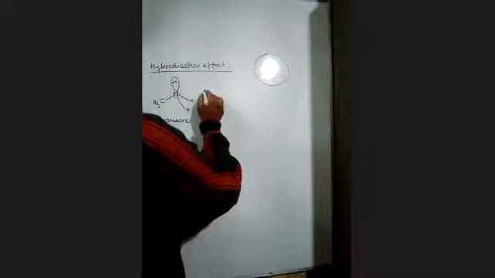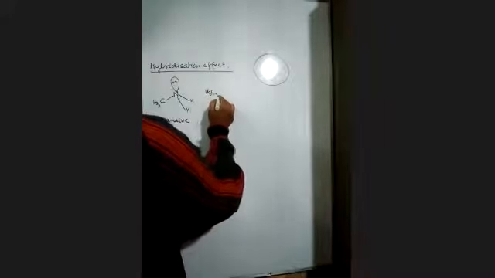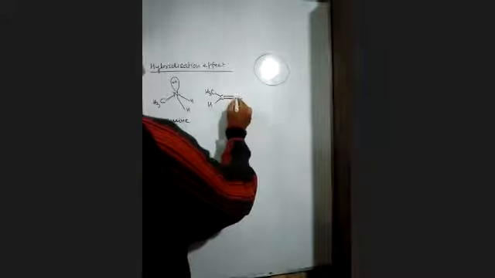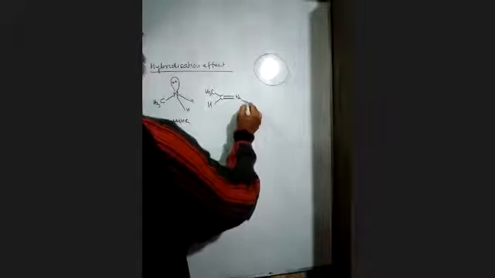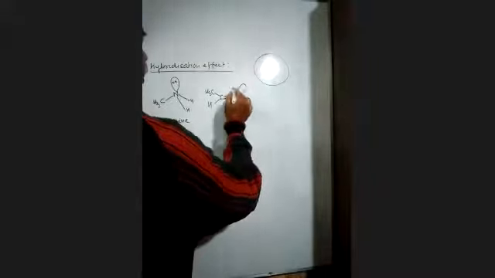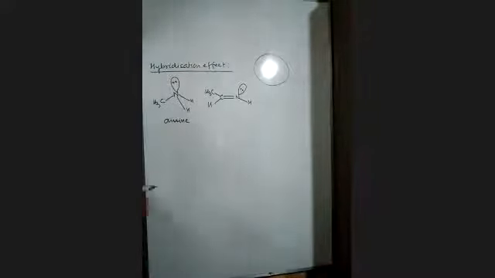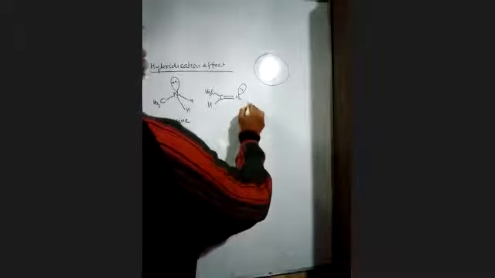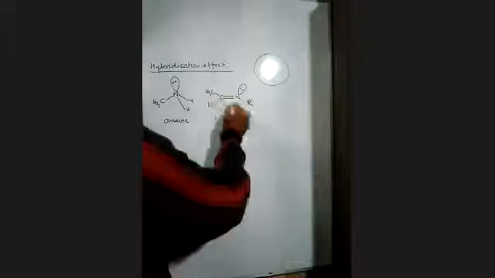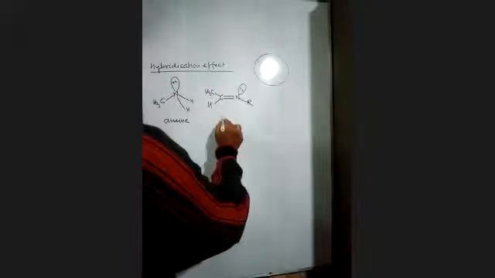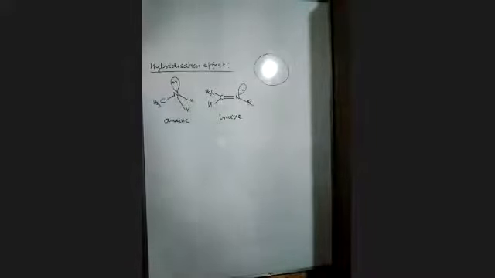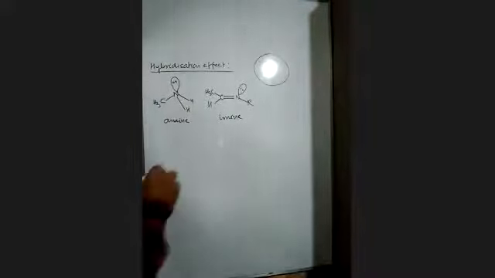Now, in aldehyde ketone chapter, I have given you this example that when ammonia or amine reacts with aldehydes and ketones, they form carbon nitrogen double bond, and we call it imine. Okay.